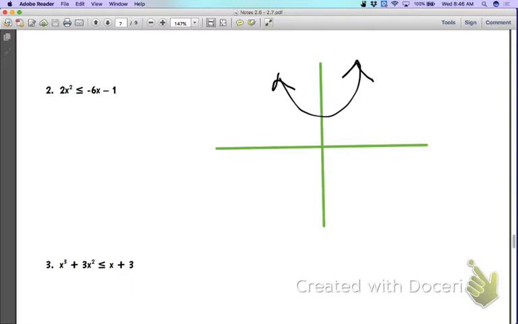If it's above the x-axis, or if it's below the x-axis, down here, what's our only interval as far as above or below? For the one that I drew just right here, what would our interval be? When? Forever. When it's above. So what does it mean forever?